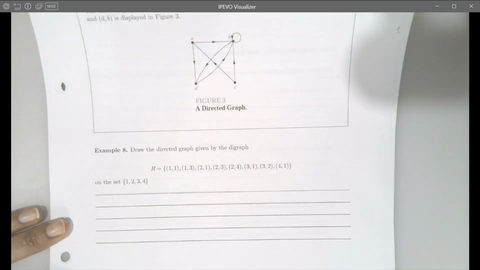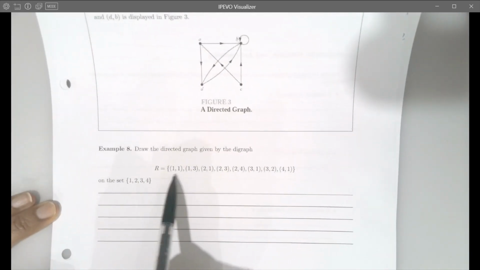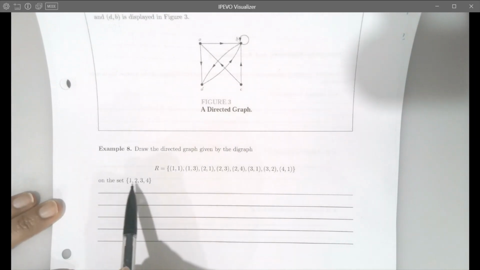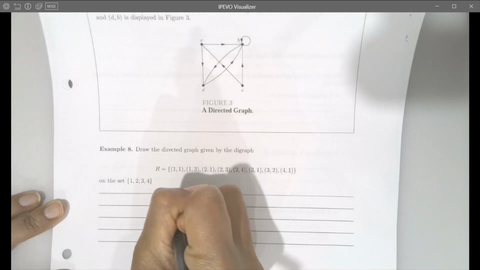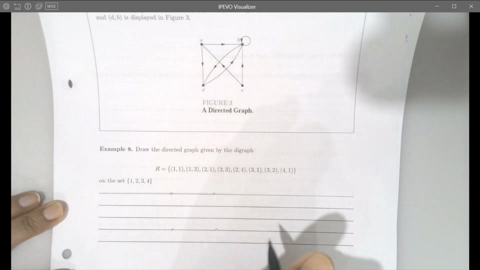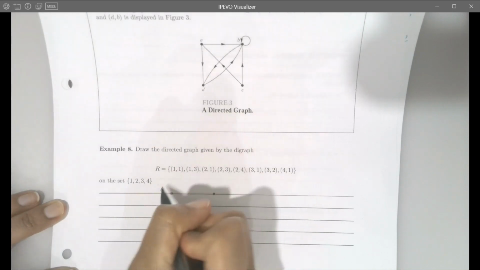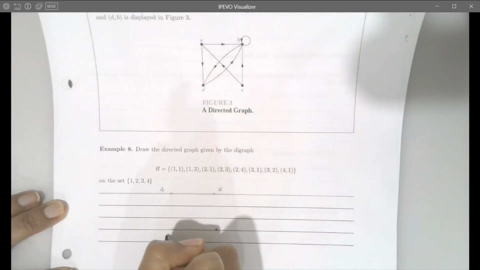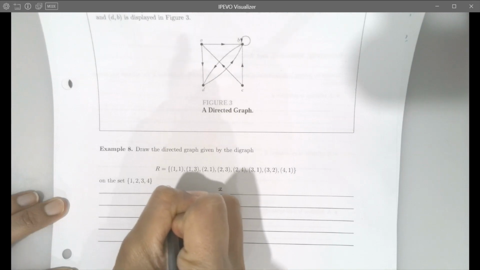And so we're going to use those ideas or this definition to draw the directed graph of the relation that contains these elements over the domain 1, 2, 3, and 4. So I'll go ahead and order those in a type of box. So this will be a vertex representing element 1, a vertex representing 2, 3, and 4. And then we have 1 going to 1, so that is a loop, going back to itself.